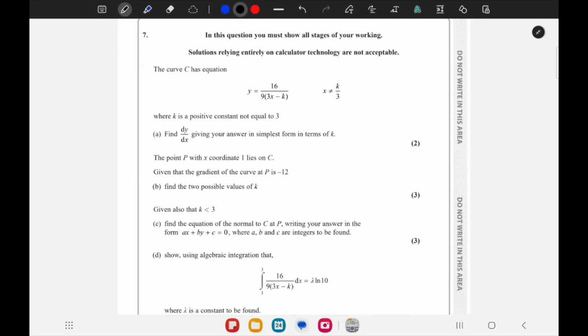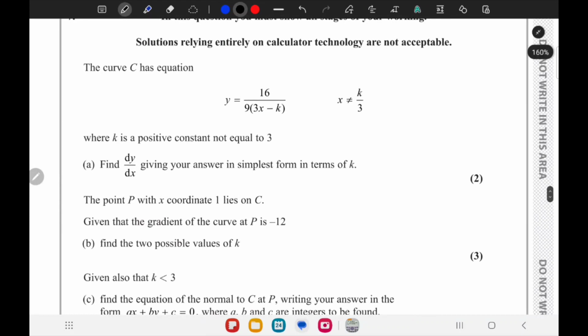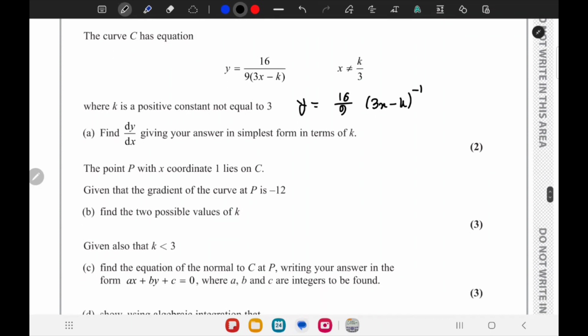Question number 7 is about calculus. It has both differentiation and integration involved. We have y given, so y is 16 by 9 times (3x minus k) to the power minus 1. So dy by dx will be 16 by 9 times minus 1.